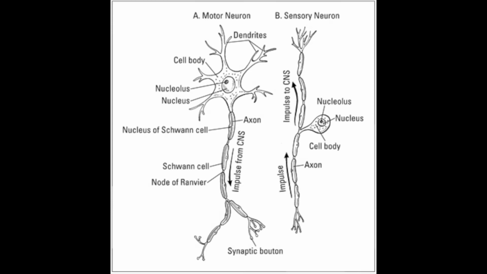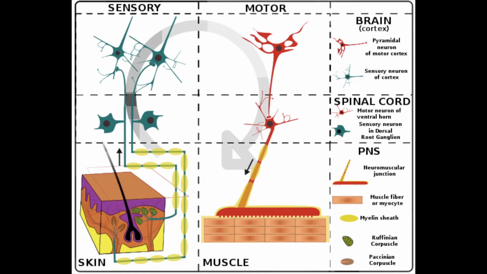And if a motor neuron lowers its firing rate, it means that the muscle fibre to which it's attached will relax. The motor neurons connect onto skeletal muscles, and the skeletal muscles are, as you would imagine, the muscles that are connected to our skeleton, and they control our motion.